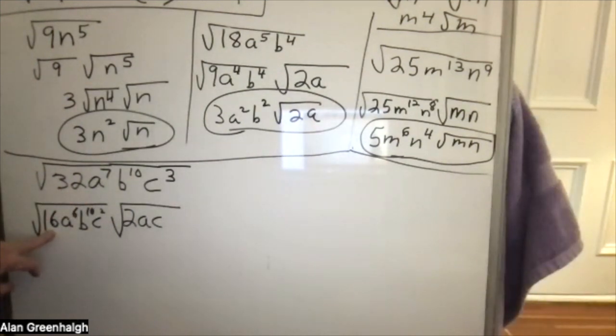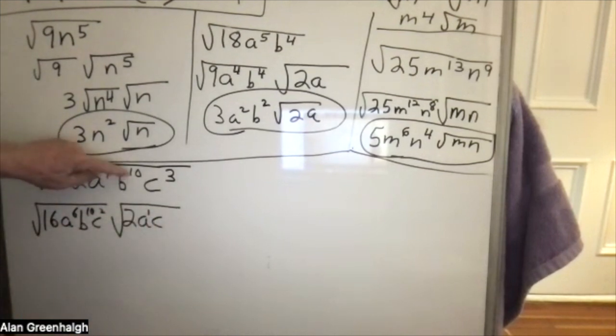Regular numbers, you take the square root by just taking the square root, like the square root of 16 is 4. But when it comes to exponents, it's 1/2 of that exponent. So it has to be an even number. The closest even number to 7 is 6. And that would leave you with a to the 1st.